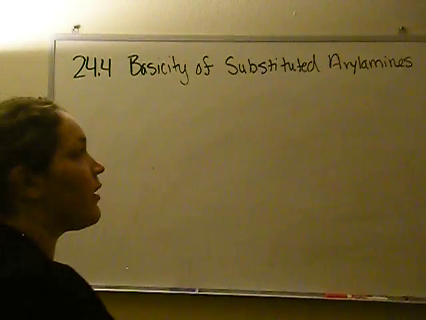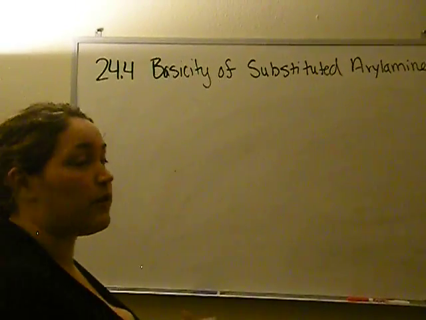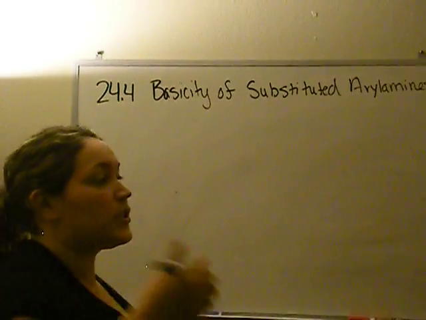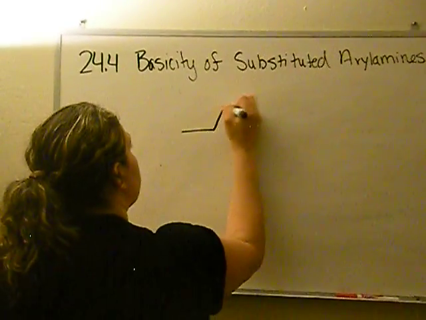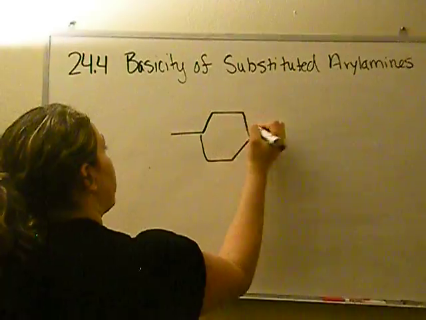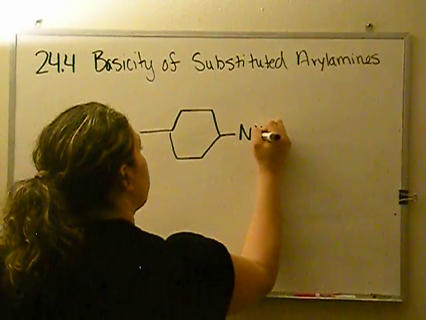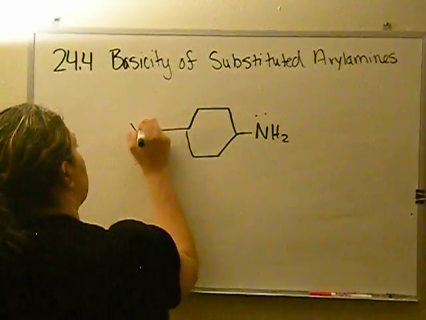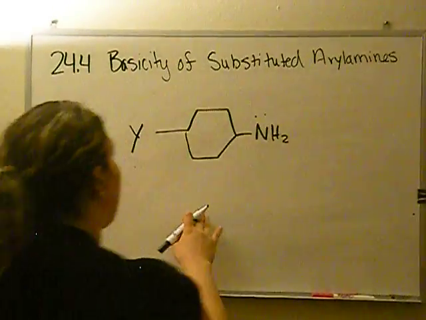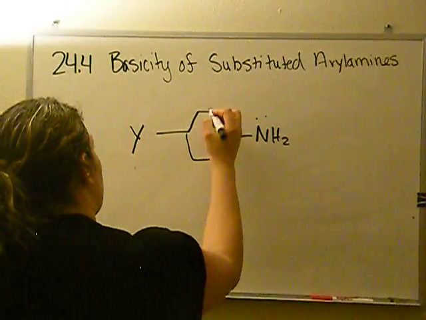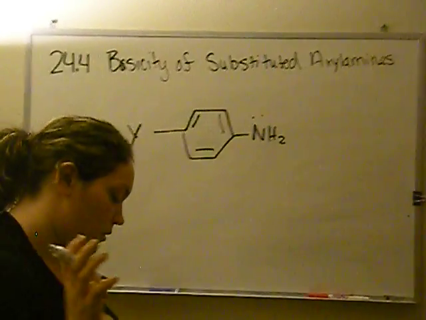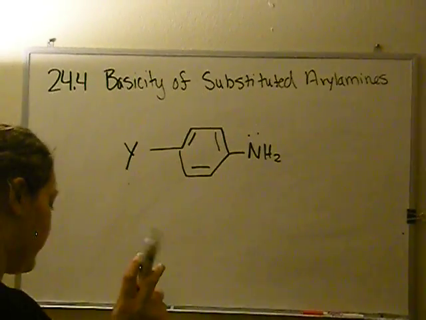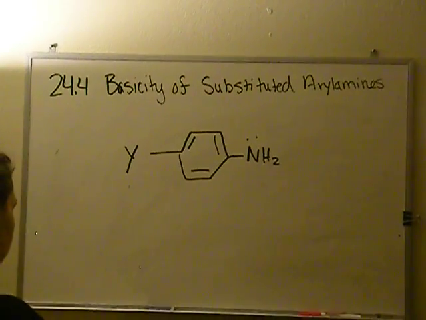So, more than one substituent on arylamine can be added. So if we have a para-substituted arylamine, this goes back to section 16.4, substituent effects on the aromatic ring.